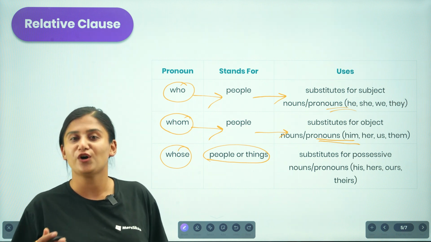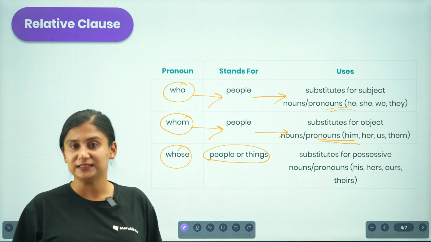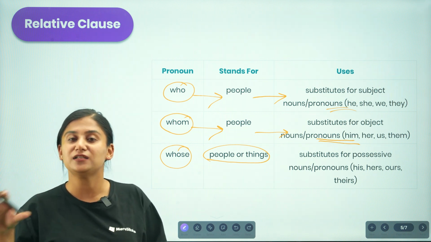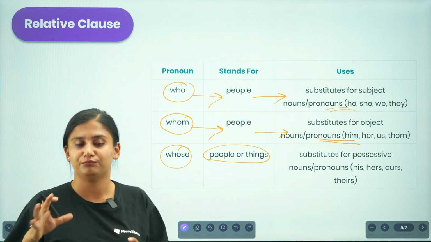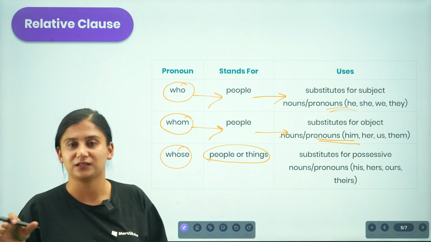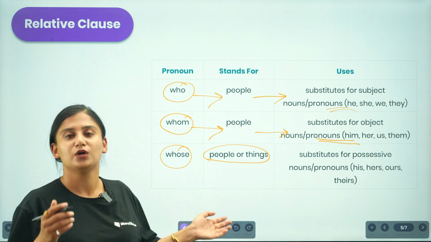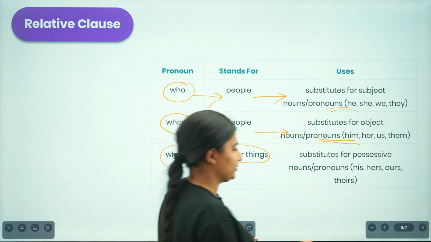That is, if you are talking about something that belongs to us, or something where we have a kind of impact on that particular thing or person, then we use "whose" to present the idea of possession.